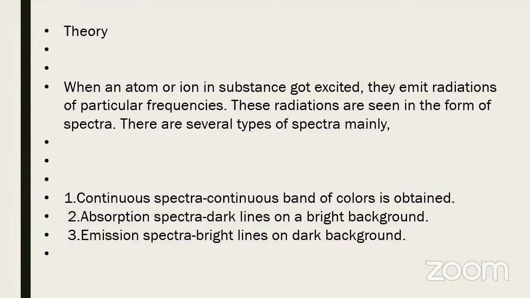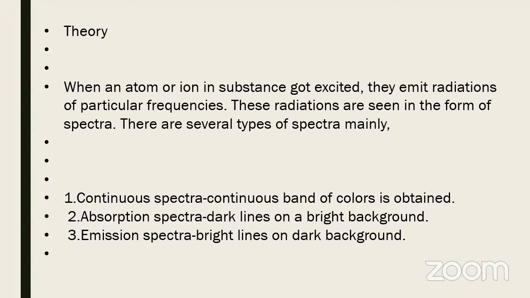When an atom or ion in a substance is excited, it emits radiation of a particular frequency. This radiation is seen in the form of spectra. There are several types of spectra. First, the continuous spectrum, in which a band of colors is obtained. Second, the absorption spectrum, which shows dark lines on a bright background.